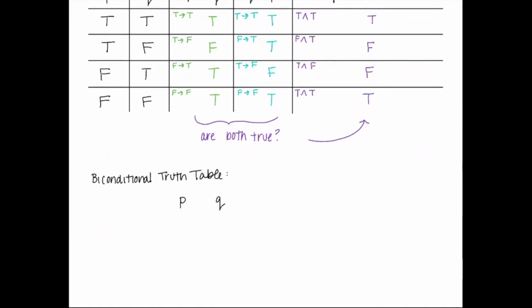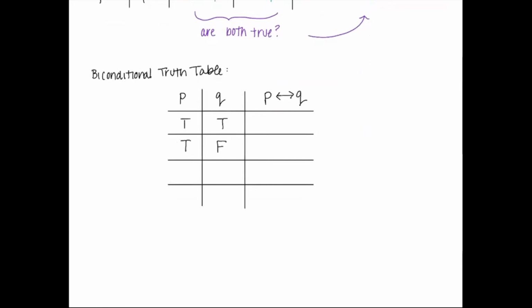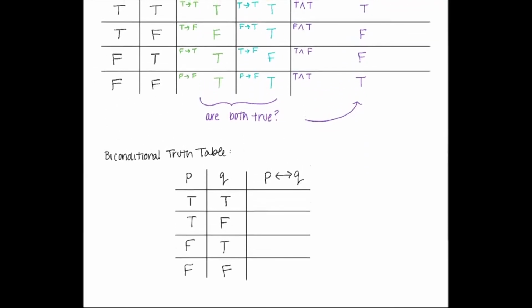I've got P, I've got Q, and I've got my biconditional, and I've got my four possibilities. They can both be true, one true and one false, one false and one true, or both false. So we figured out if they're both true, the biconditional is true. If one's true and one's false, the biconditional is false.